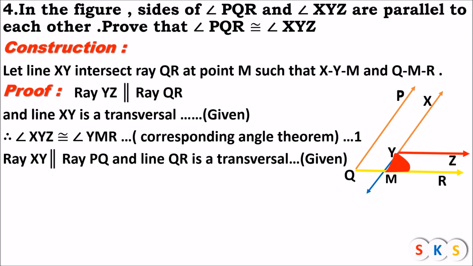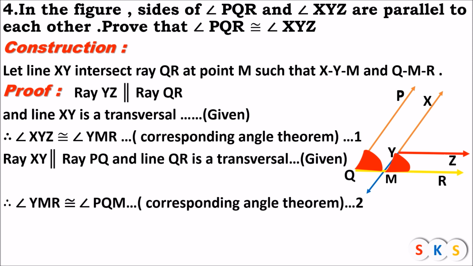Therefore, angle PQM and angle XMR are congruent, right? Why are they congruent? Because they are corresponding angles. As the lines are parallel, the corresponding angles are congruent. Therefore, angle YMR is congruent to angle PQM by the corresponding angle theorem. We will consider this as equation number 2.